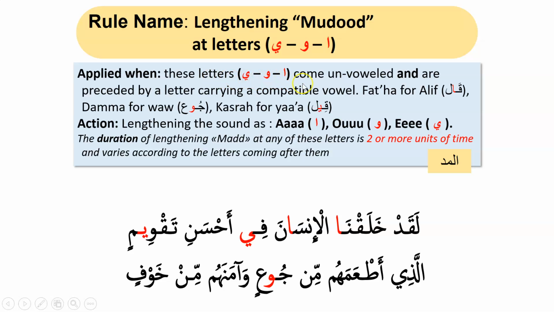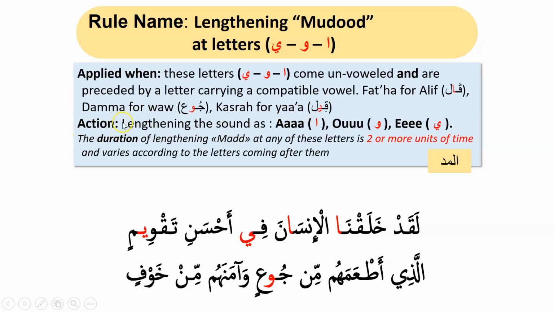So let's read what the rule is telling us. These letters, alif, waw, ya, come unvoweled, sakin, and are preceded by a letter carrying a compatible vowel: fatha for alif, dhamma for waw, kasra for ya. So what is our action?